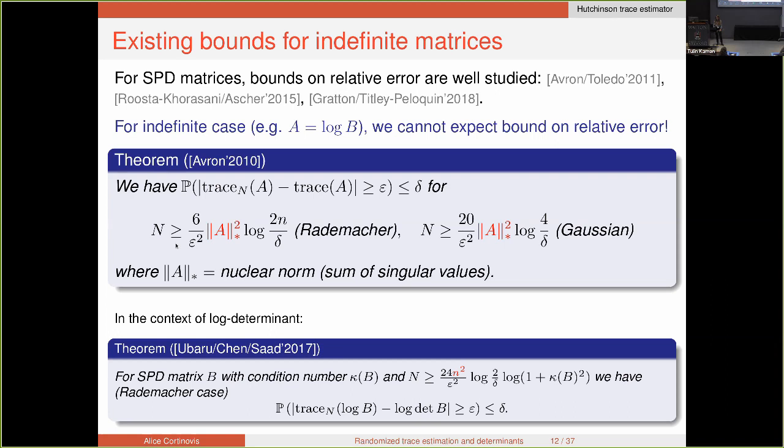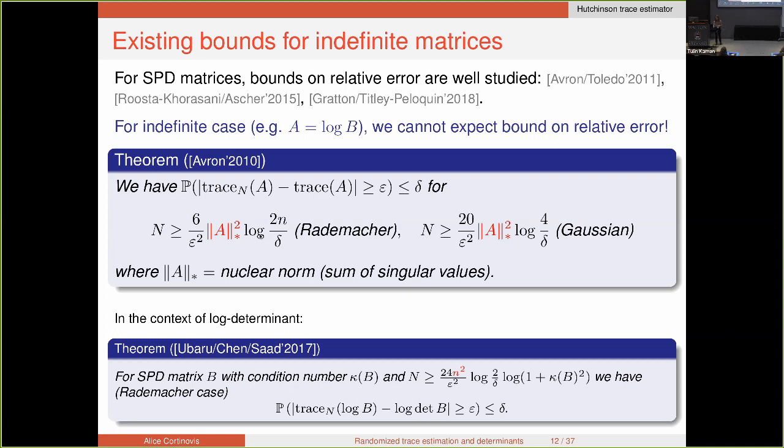This result is for both Rademacher vectors and Gaussian vectors, and both of them contain a factor 1 over epsilon square, which gives you this 1 over square root of n convergence that we've seen, and there's nothing you can do about that.